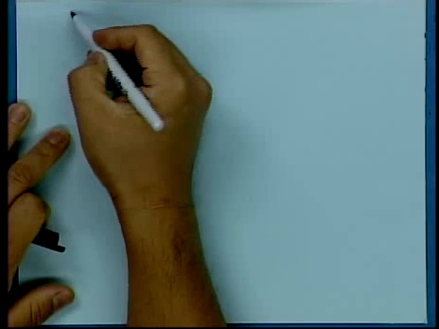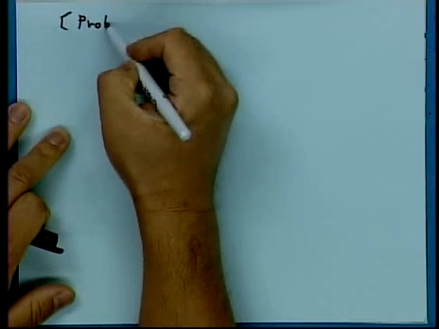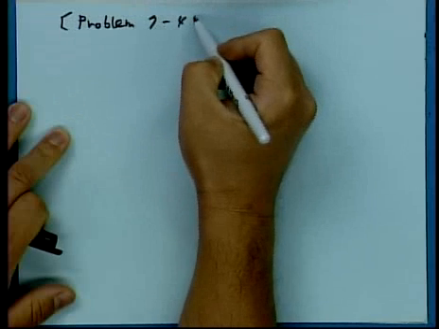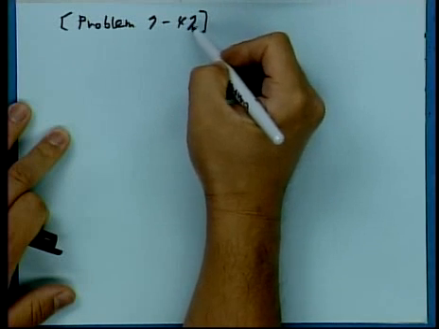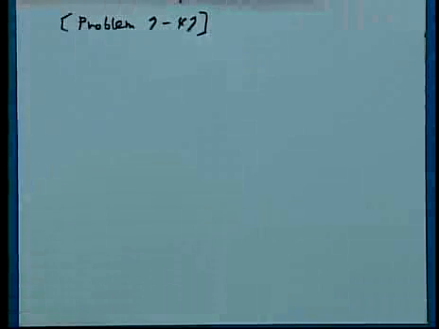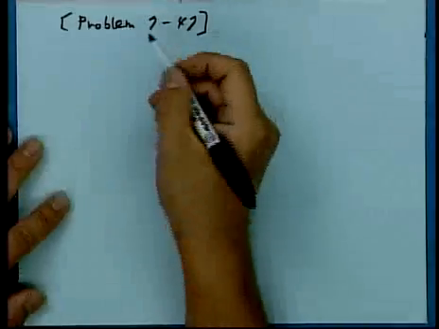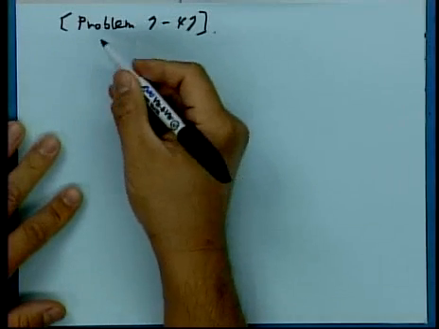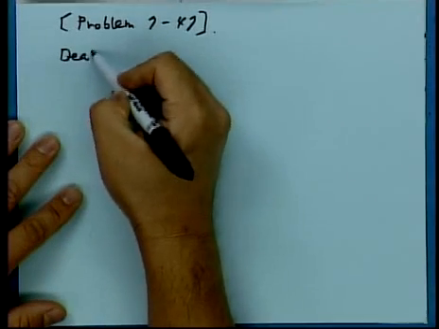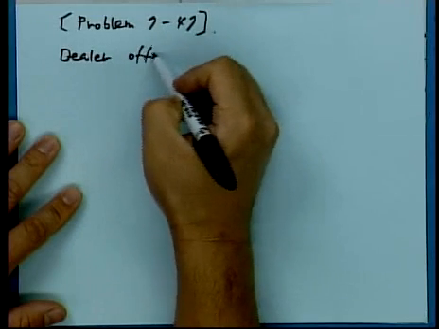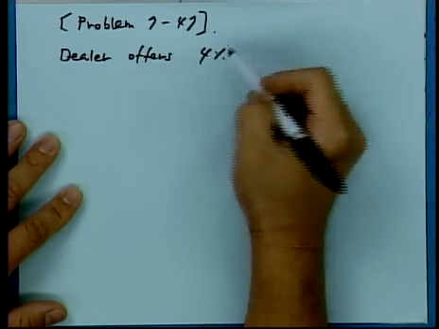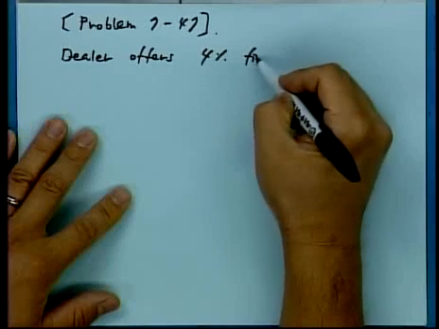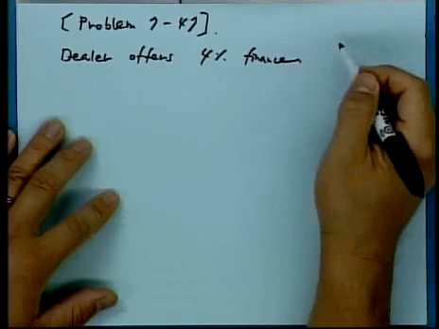Okay. So we are working on problem 7-47. So like I mentioned, the only difference this time is the dealer offers 4% finance instead of 0%.